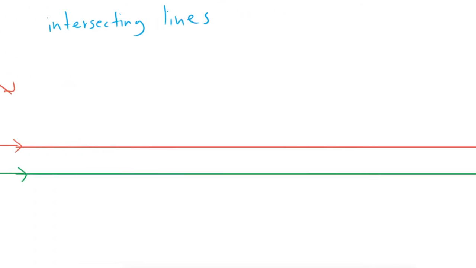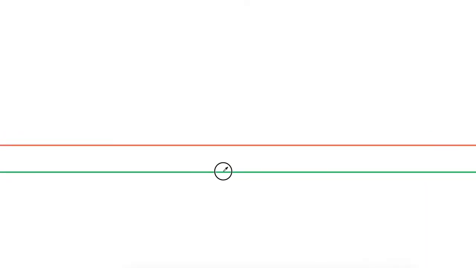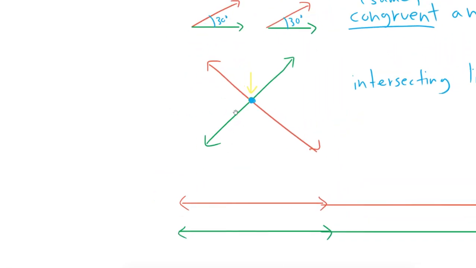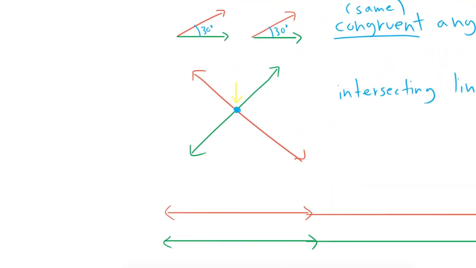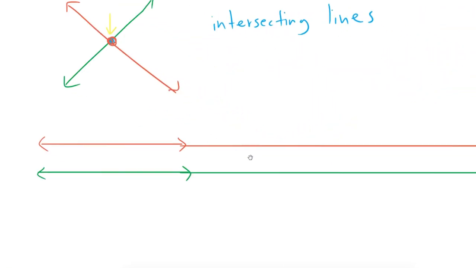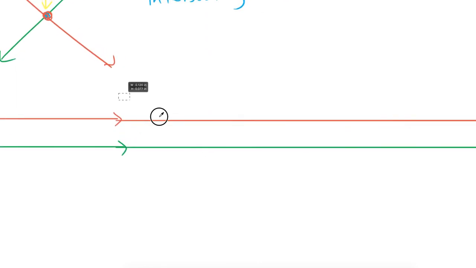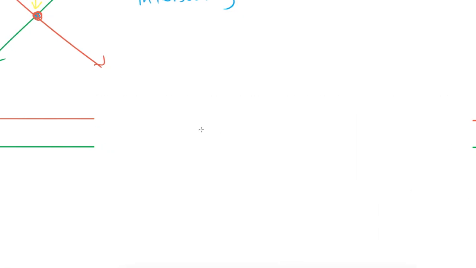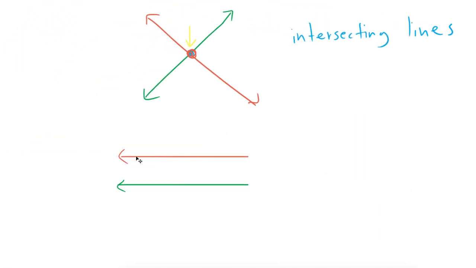They will never intersect or touch each other. Unlike these lines here, you see how at some point they do run into each other. So this type of lines that don't intersect or don't cross paths. Okay.